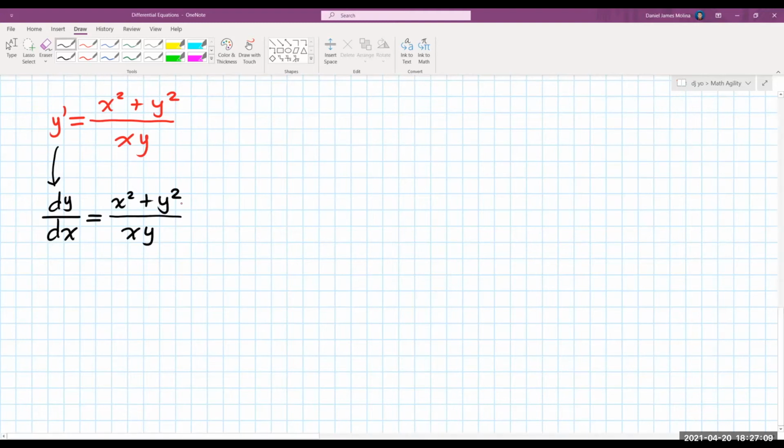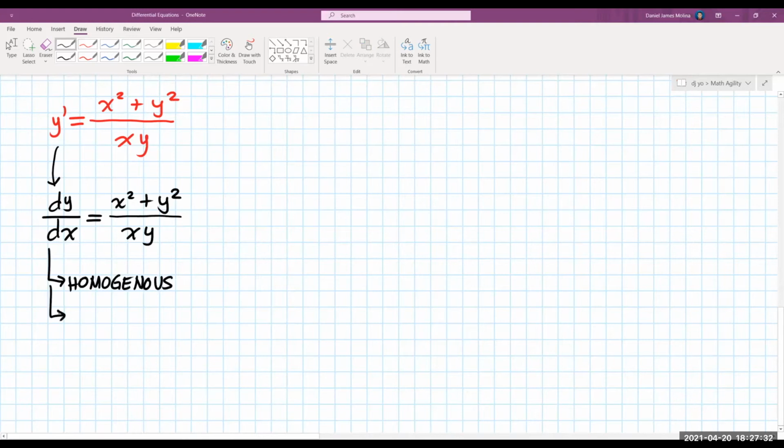By using other methods, we have to try first verifying if this differential equation is homogeneous.